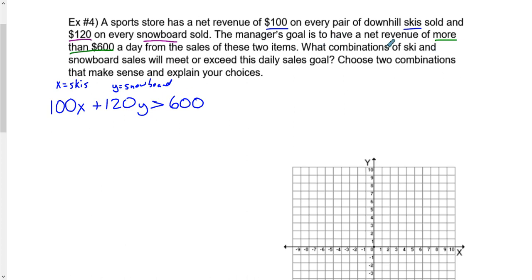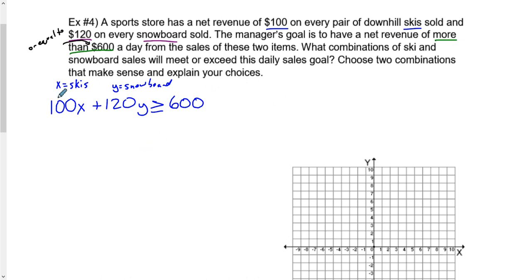What combinations of ski and snowboard sales will meet or exceed this daily sales goal? Well, if we want to meet, that means that we have to be equal to as well. So I may have to just change the wording in here slightly, but you want to have more than or equal to $600 a day.